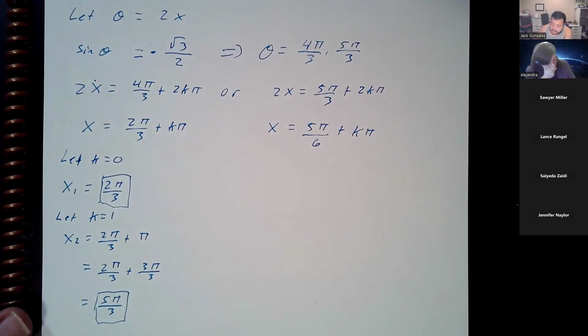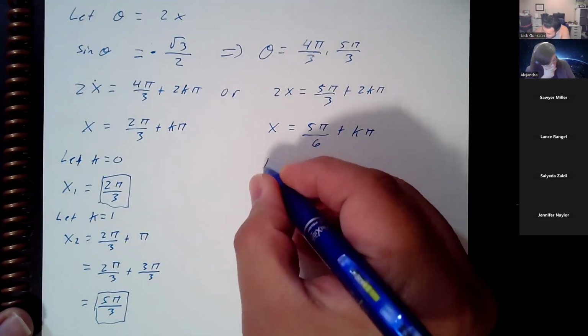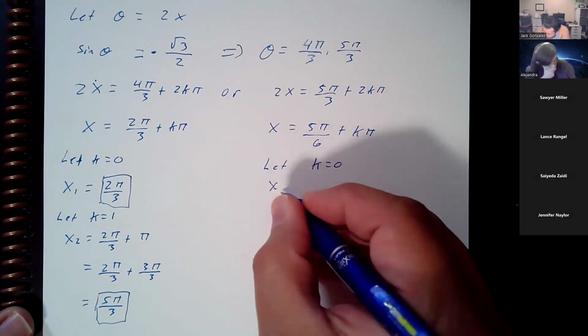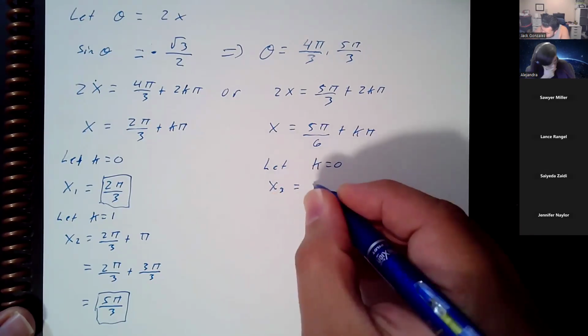Now do it again for these here. Let k equal 0. That's the first one. Call it x3, I guess.